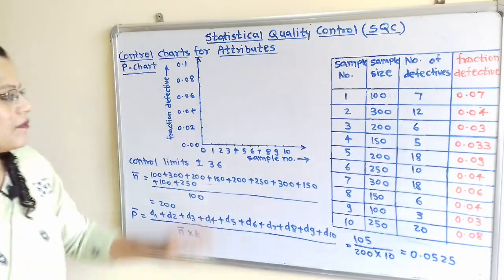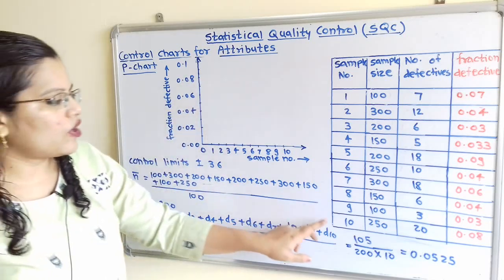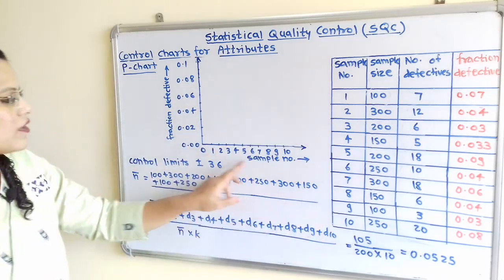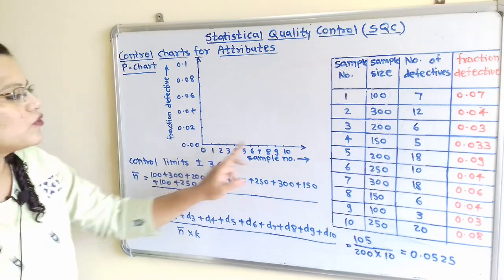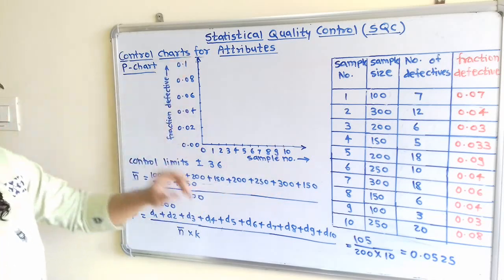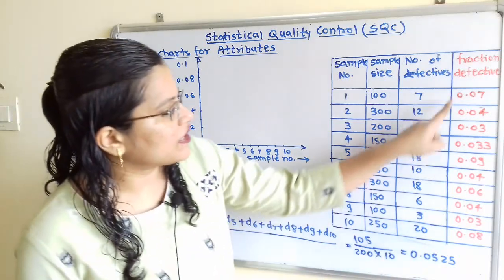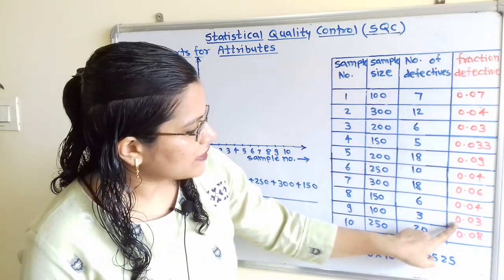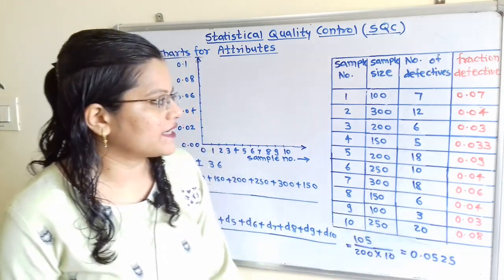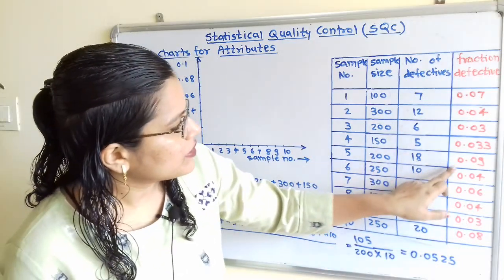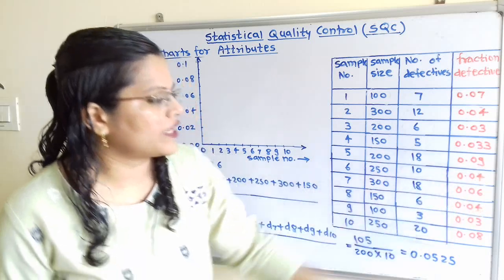Now we will plot the points. On the horizontal line we will plot the sample number from 1 to 10, and on vertical line we will plot the fraction defective. If we observe, the minimum number is 0.03 and maximum number is 0.09.